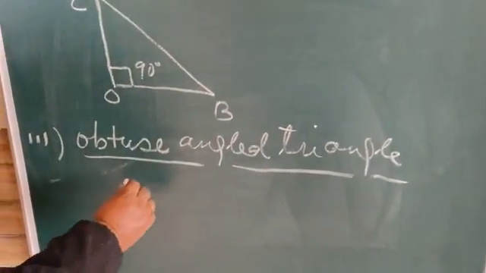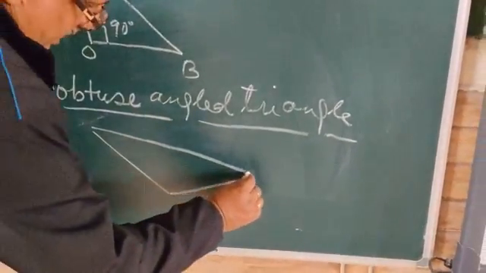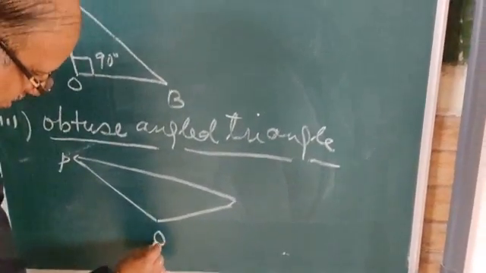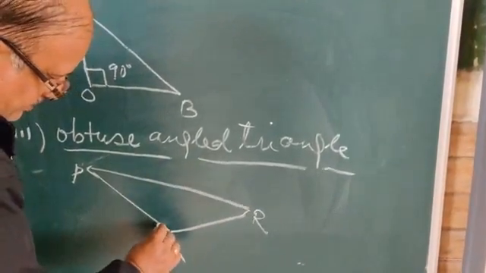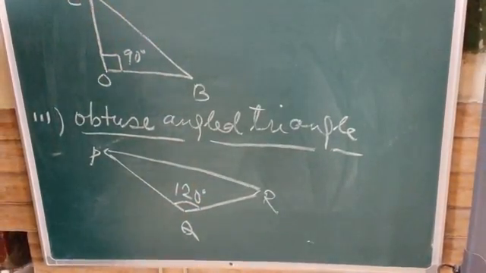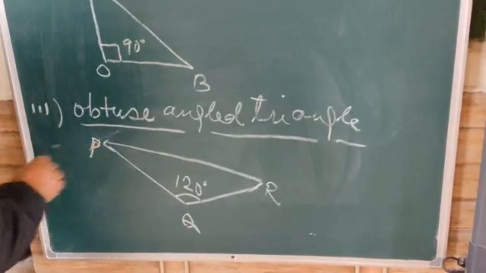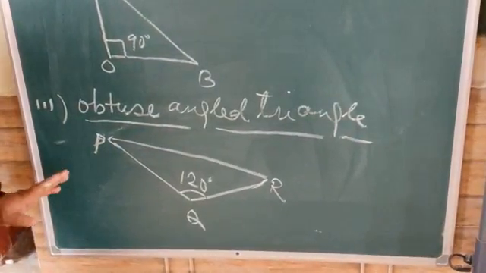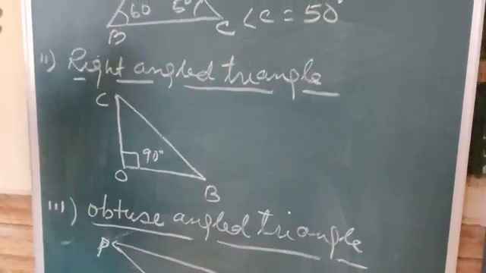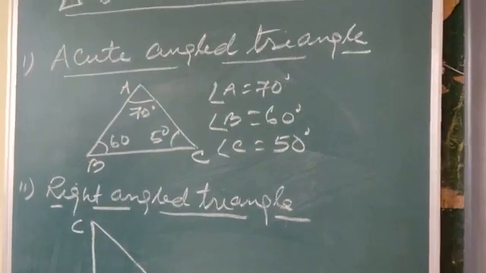Suppose we have here a triangle PQR in which this angle is 120 degree. That means 120 is more than 90 but less than 180, so it is called an obtuse angled triangle. So triangles are classified according to their angles as acute angled triangle, right angled triangle, and obtuse angled triangle.